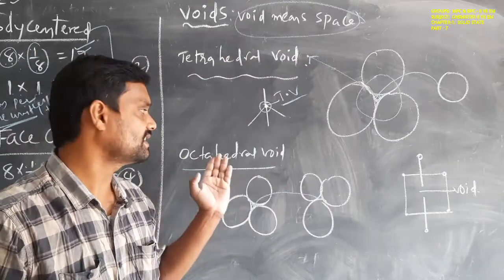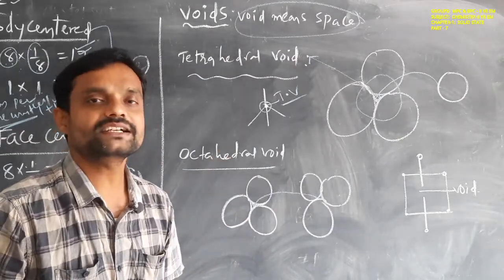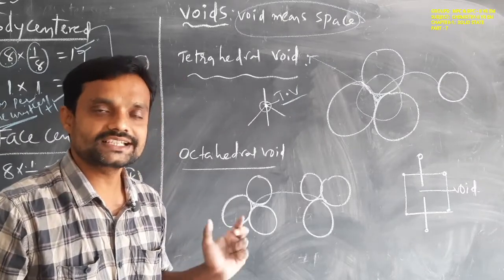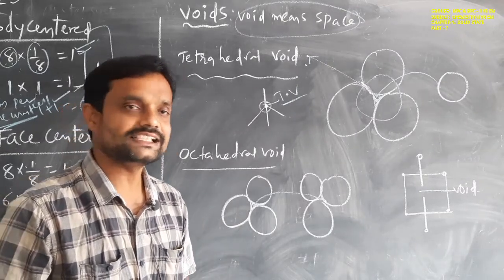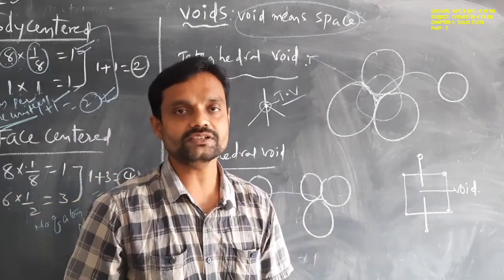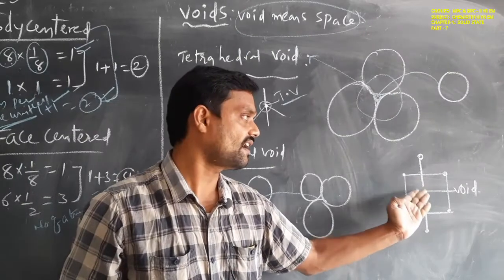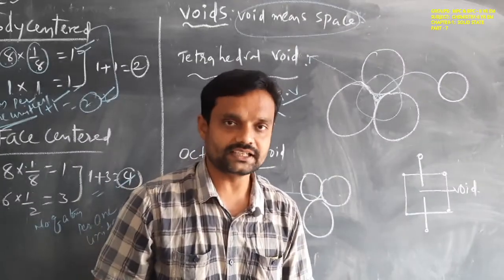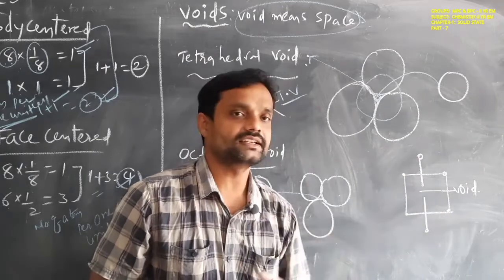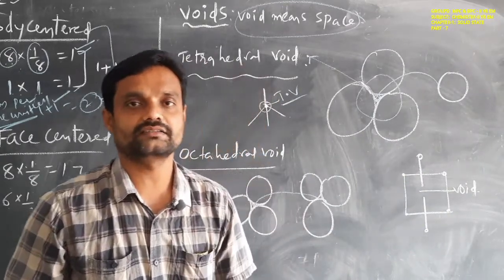Why octahedral? Because when atoms are placed in 2 layers, it appears as an octahedral geometry. So this void is called an octahedral void.